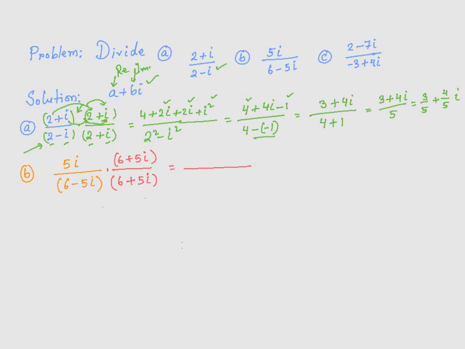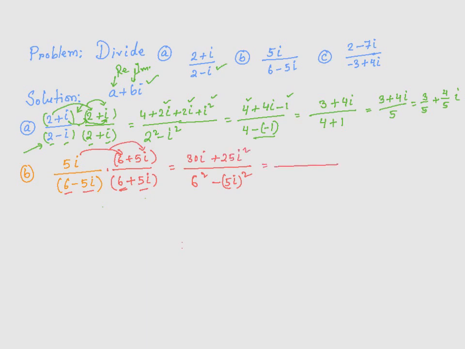Now using the difference of squares formula in the bottom, 6 times 6 is 36, or 6 squared minus 5i whole squared. It's like a minus b times a plus b. And in the numerator you just have to FOIL things. 5i times 6 is 30i, then 5i times 5i is 25i squared.